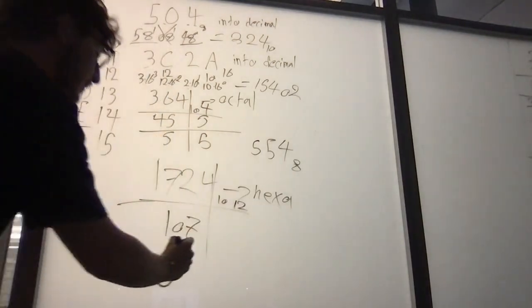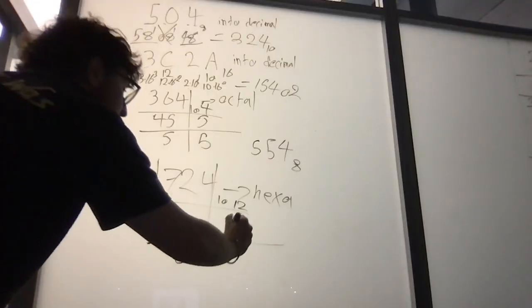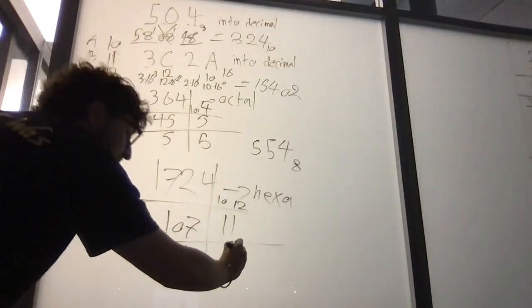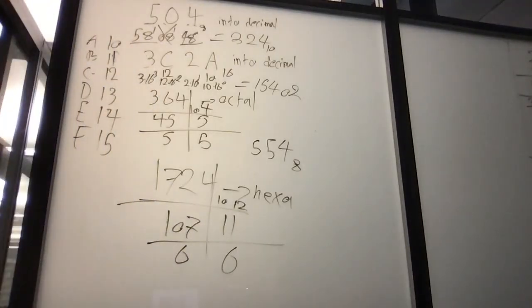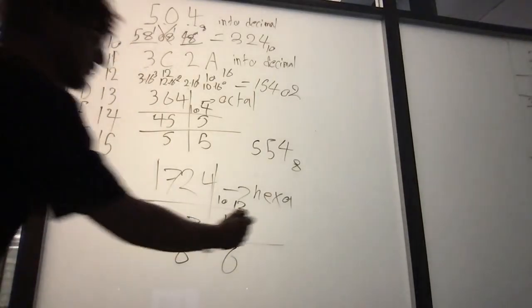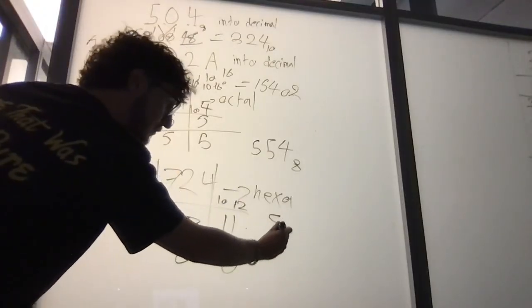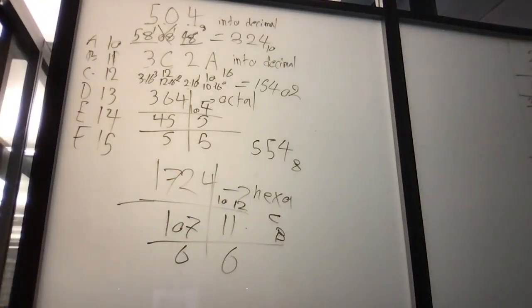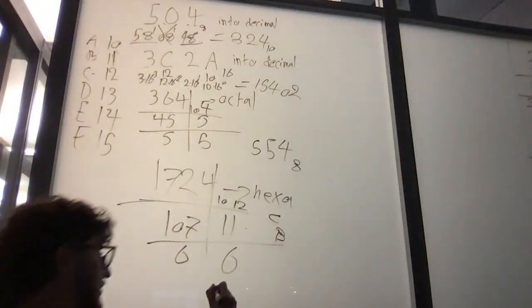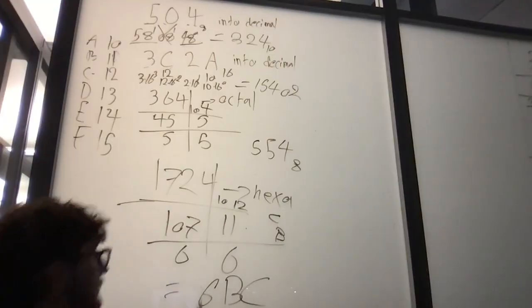And then if we divide that number by 16, we get 6, and we get a remainder of 11, and then we just write 6 again since we can't divide that by 16 again. And we change 12 and 11 to hexadecimal, which would be C and B. And our answer would be 6BC for the last one.